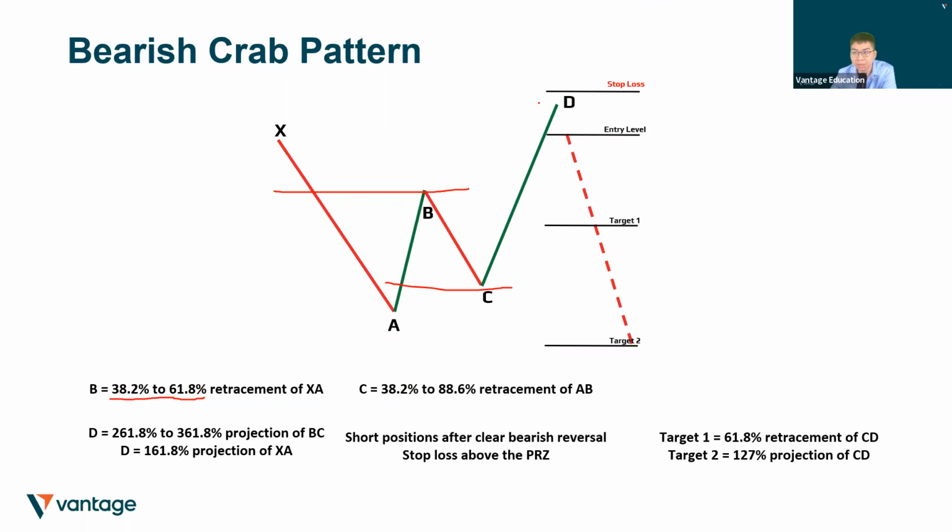So pattern as usual completed at the potential reversal zone at 261.8% to 361.8% projection of BC using the Fibonacci projection. So yeah, short positions should be considered after a clear bearish reversal with a stop loss placed on top. Entry, your first is 61.8% and next is 127% of CD. So yeah, screenshot this down before we continue.